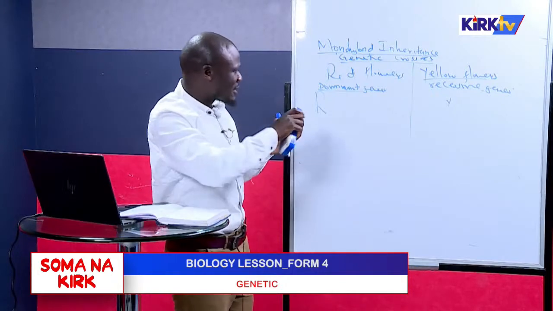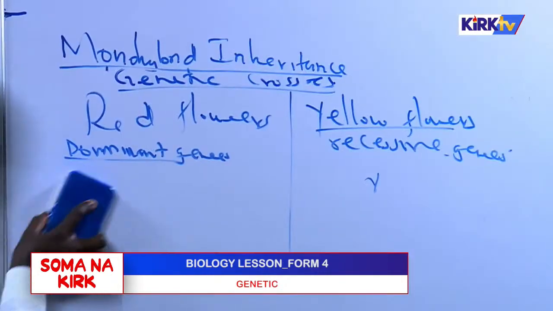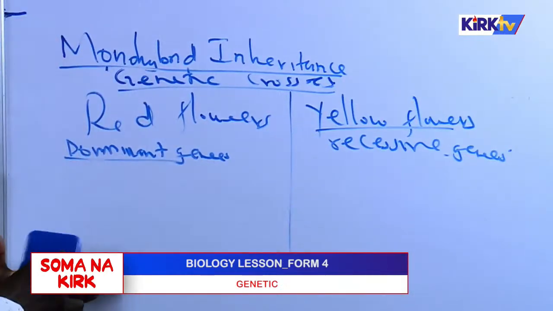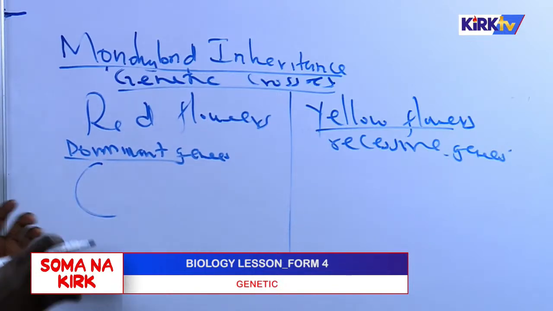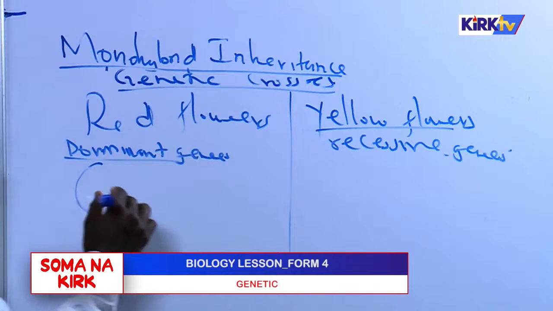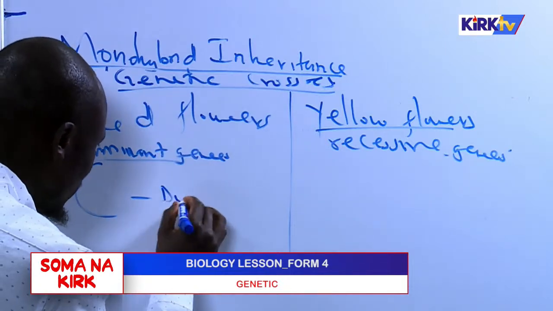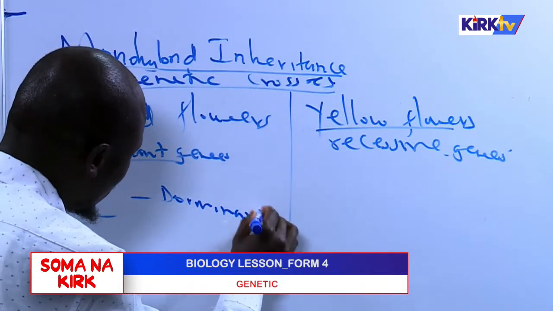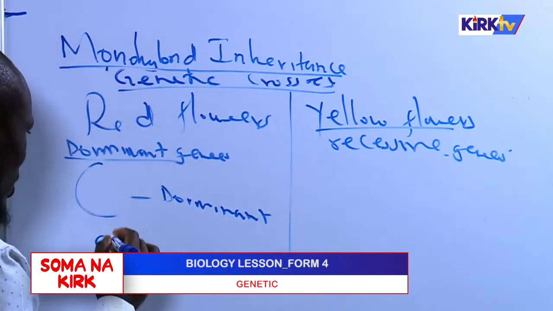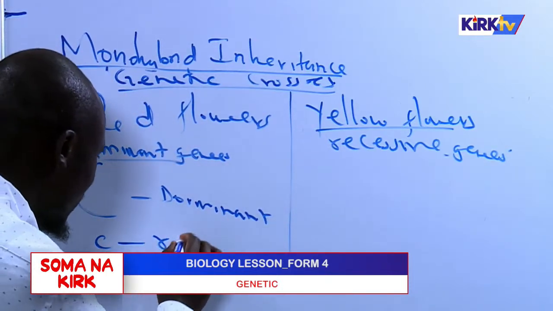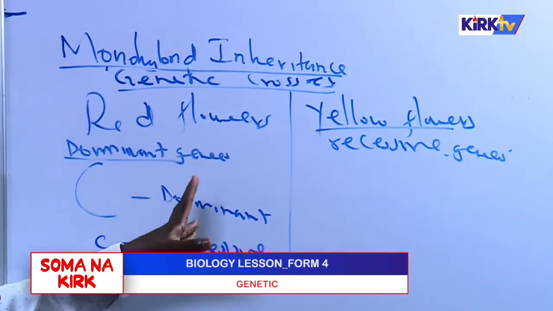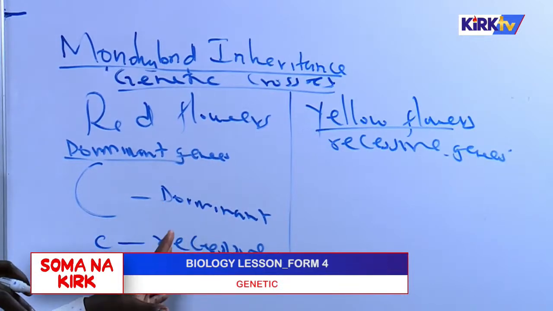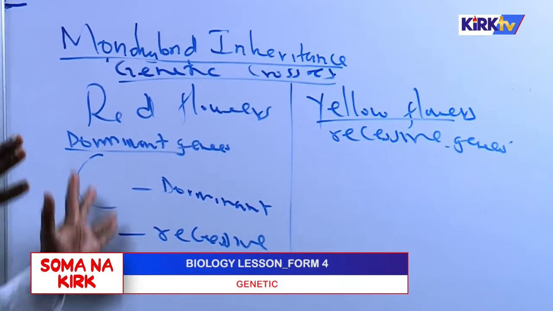Let me say the letter can be C. So capital C represents the dominant gene, while small c represents the recessive. Remember, the two genes are controlling the same character, which is the flower color. Only that one is dominant over the other.